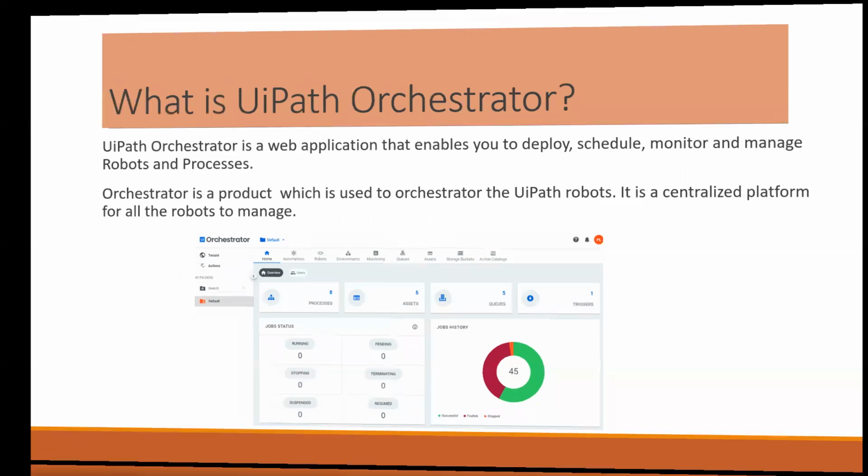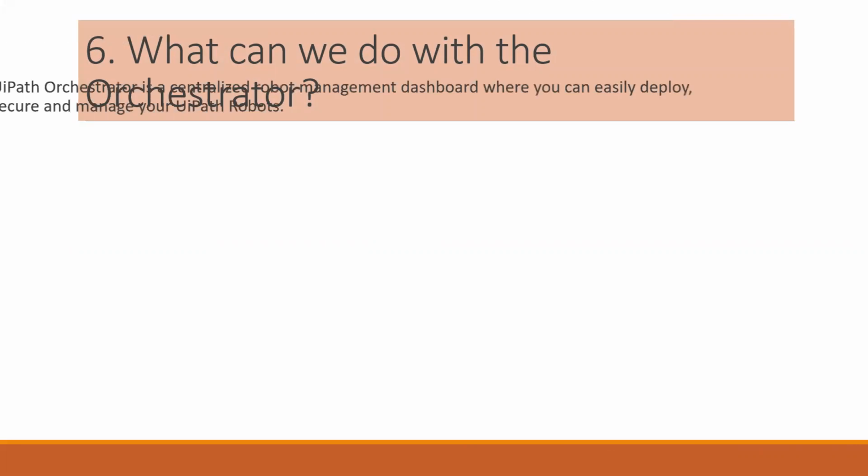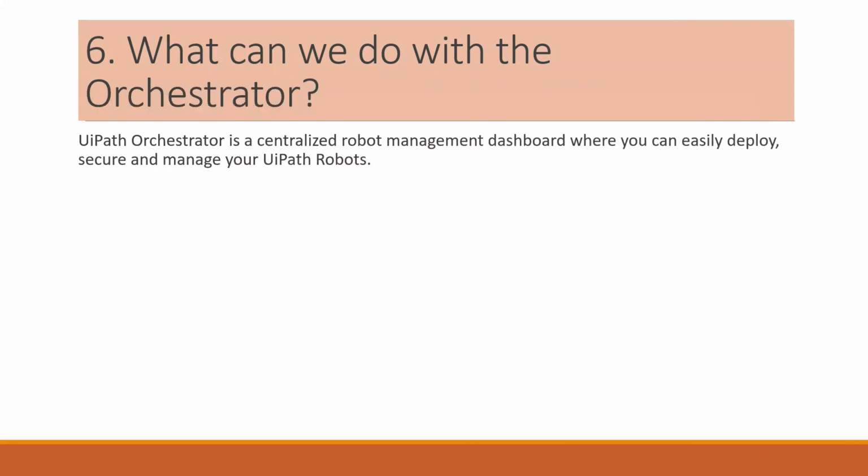Now I'm going to tell you what can we do with this orchestrator. UiPath Orchestrator is a centralized robot management dashboard where you can easily deploy, secure, and manage your UiPath robots.